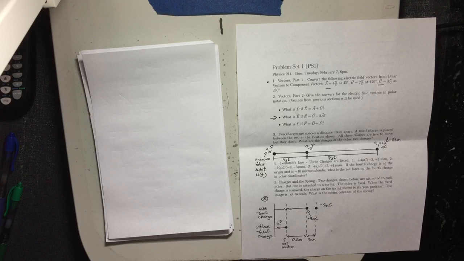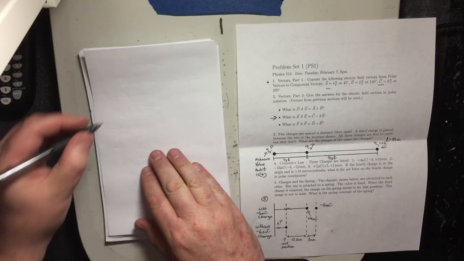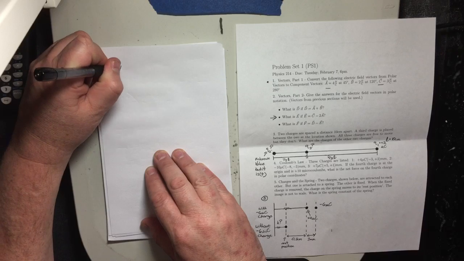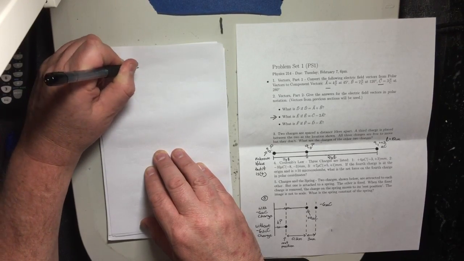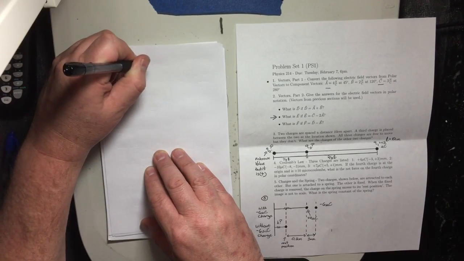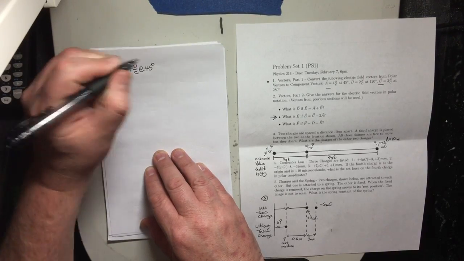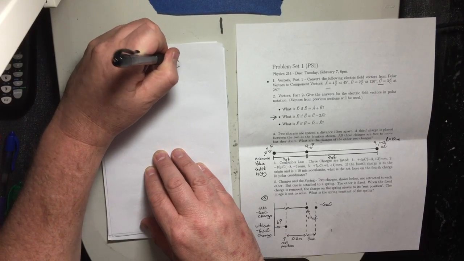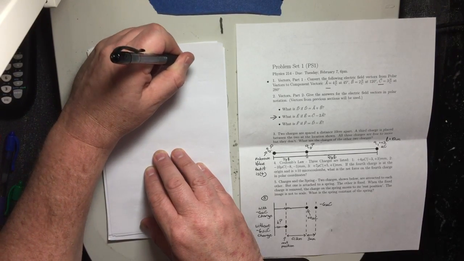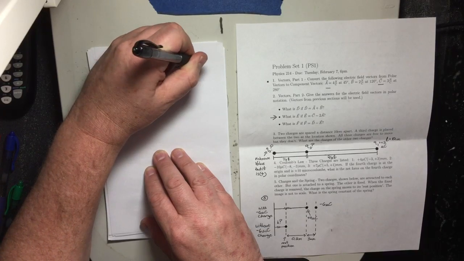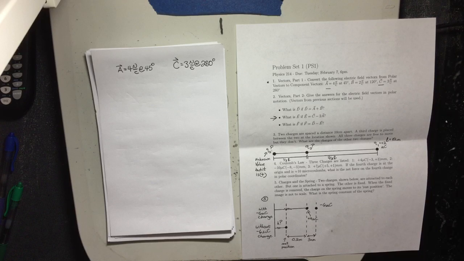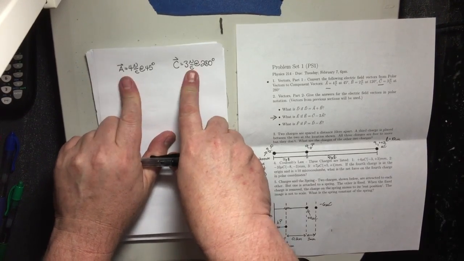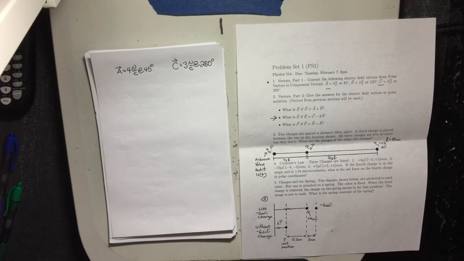So the first thing I'm going to do is break down the E field vector for A, which is 4 newtons per coulomb at 45 degrees, and C vector, which is 3 newtons per coulomb at 280 degrees. Then I'm effectively going to add these together in a special way.